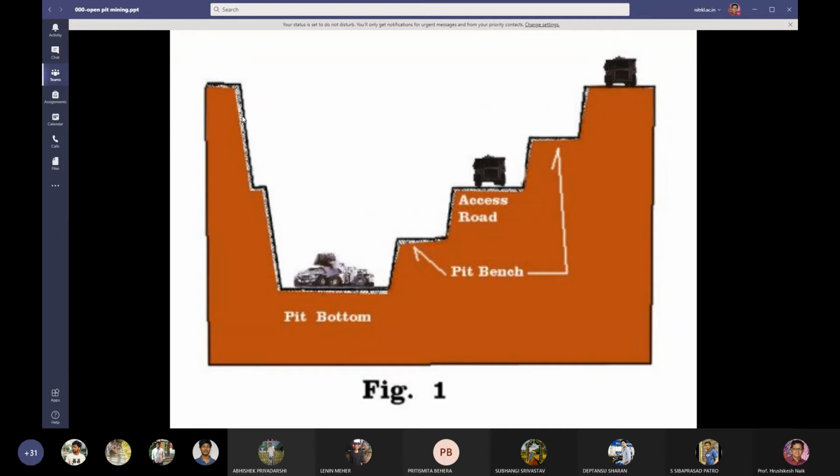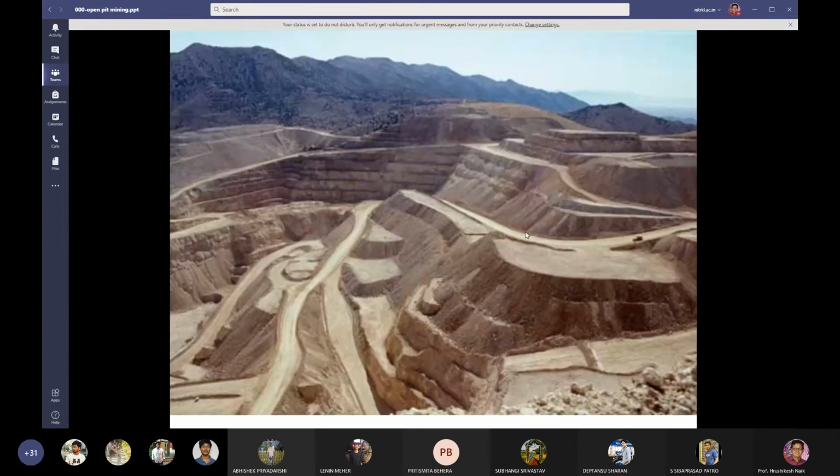This side there is no mineral, therefore the width of the bench is not necessary, and no transportation. On this side mining activities are carried out, so wide benches are there. So this is the mine layout. These are the haul roads, and these are the waste dumps.